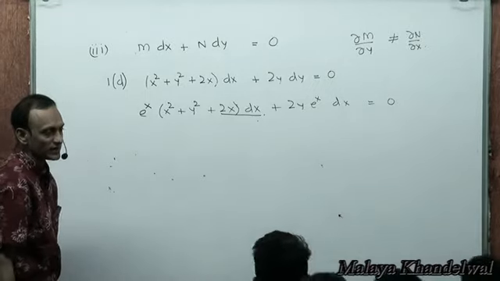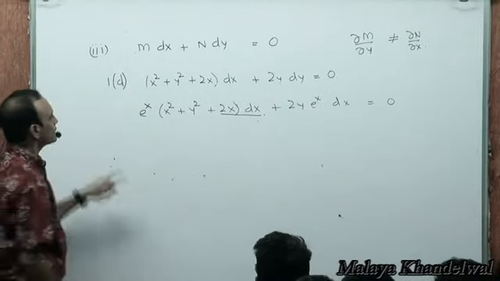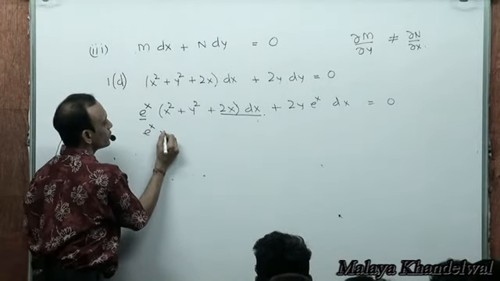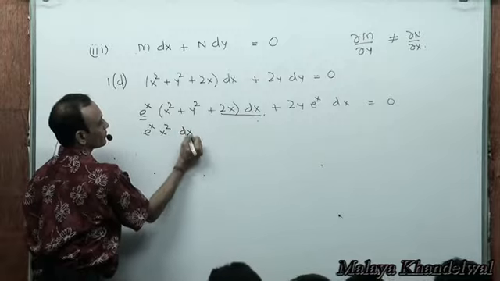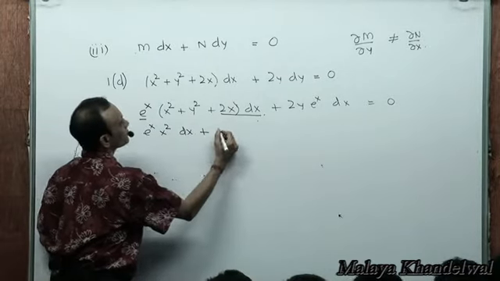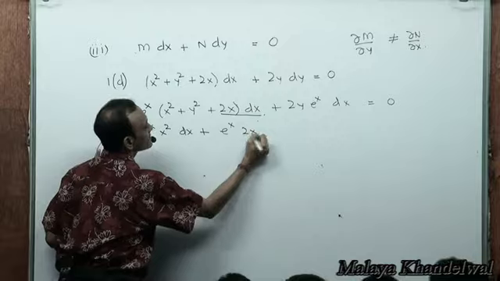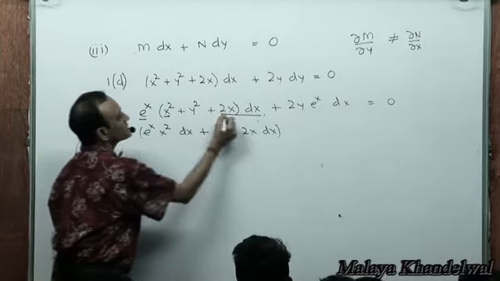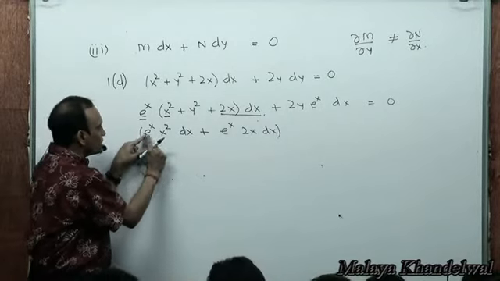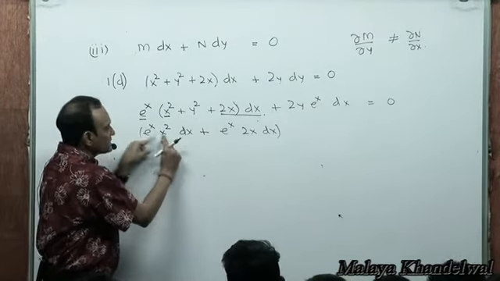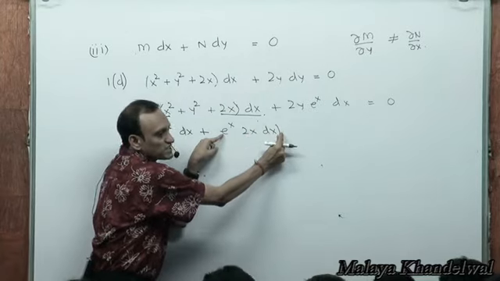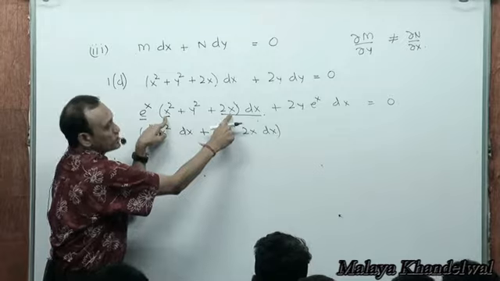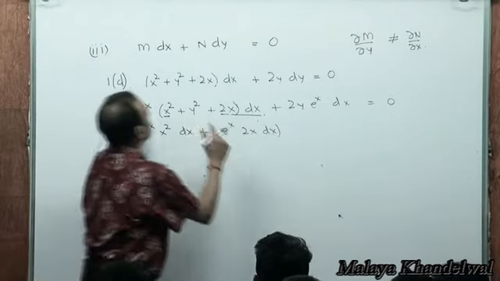This is d of x squared. It's not bothering us. So in any case, I take this e power x into x squared dx plus e power x into 2x dx. That means this and this I combine. You'll see why. Because e power x dx is d of e power x into x squared, and 2x dx is d of x squared. It'll get into a product formation. So these two consumed.